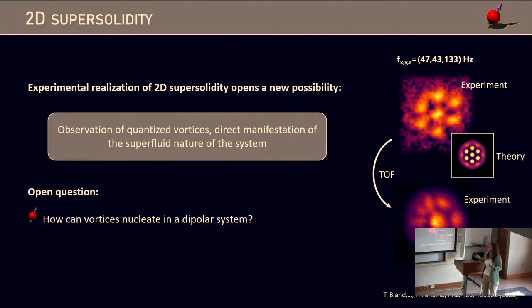So the open question we had is, how can vortices nucleate in a dipolar system? And this was an open question not only for this nice supersolid state, but also for simply a dipolar BEC.